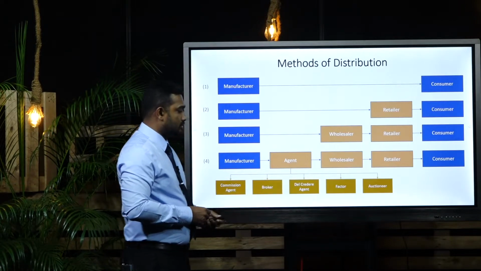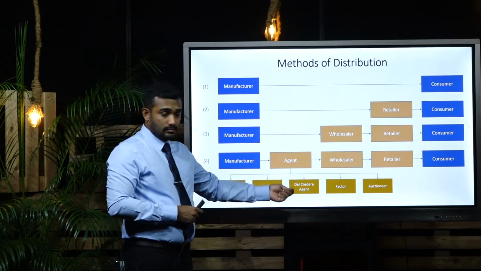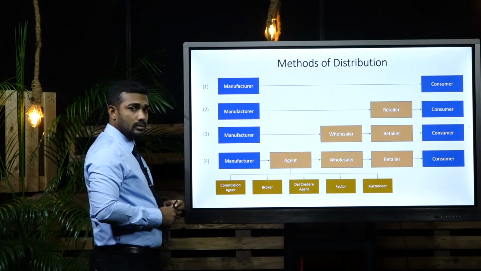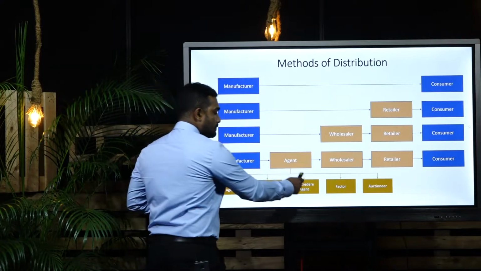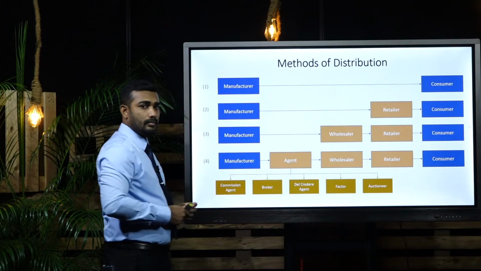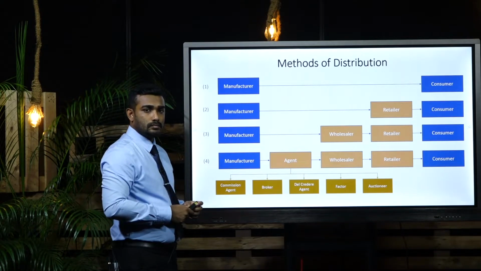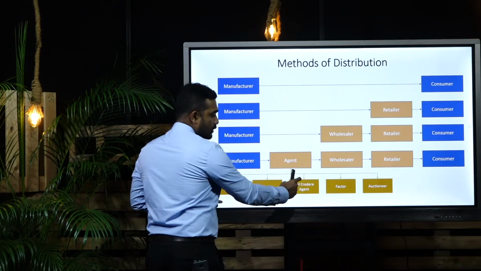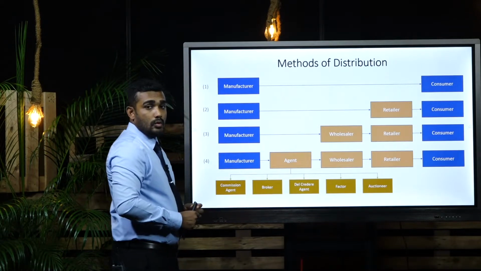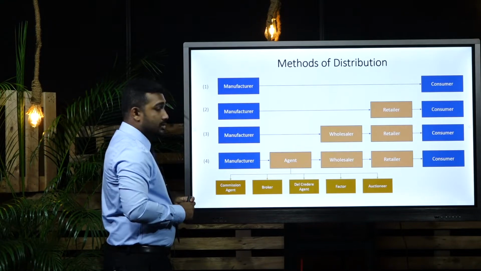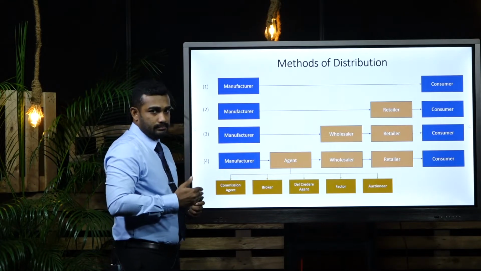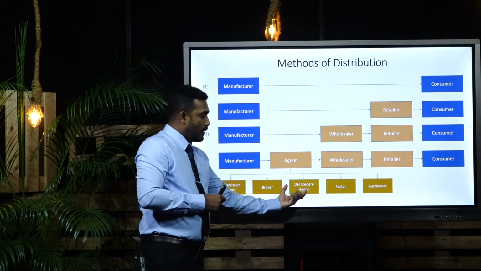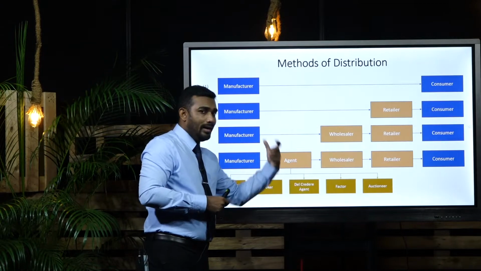Another agent, the del credere agent. Now, what is this entity going to do? This entity will sell the products in its own name.